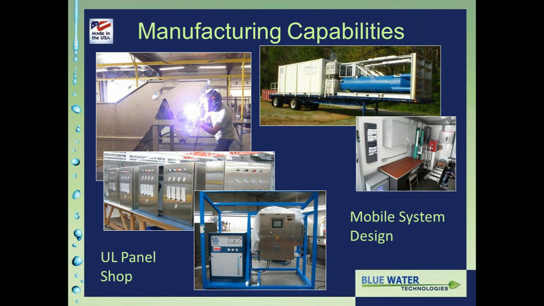It's very easy for us to do mobile contract treatment plants even, as you see in the upper right pictures here. We produce fully integrated control containers that have PLCs, climate control, desk space, operator space to work and live for a contract treatment. So those are just some of our capabilities domestically here in the U.S. for our product lines.